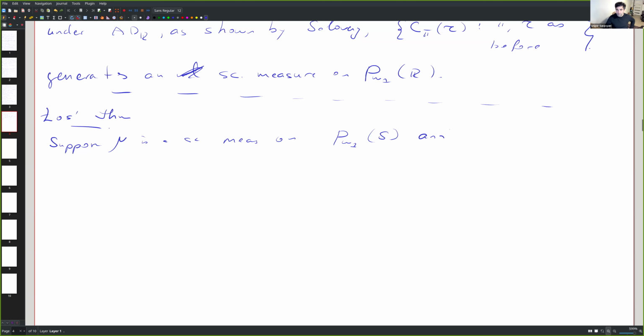And f is some function from the omega 1 of S into V such that f is ordinal definable, basically.